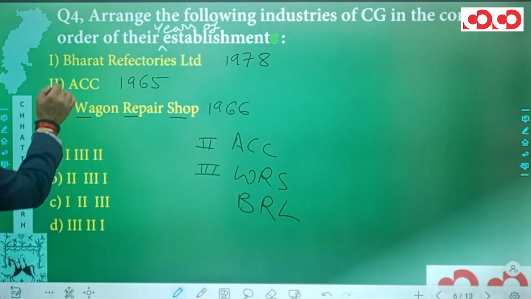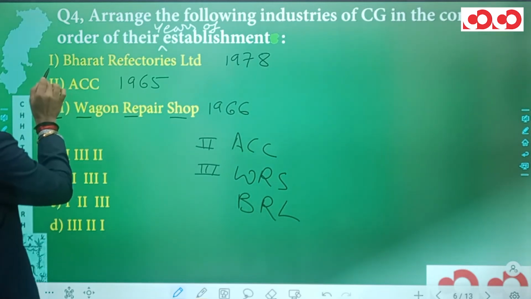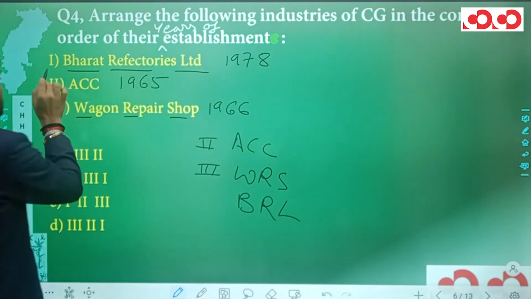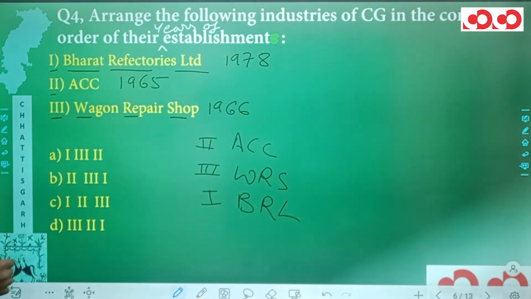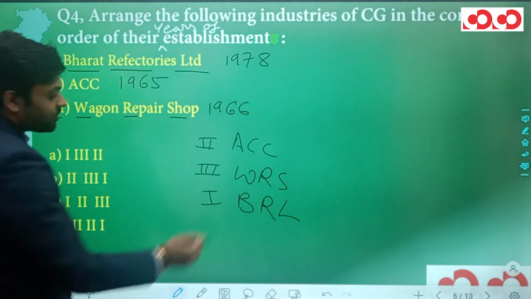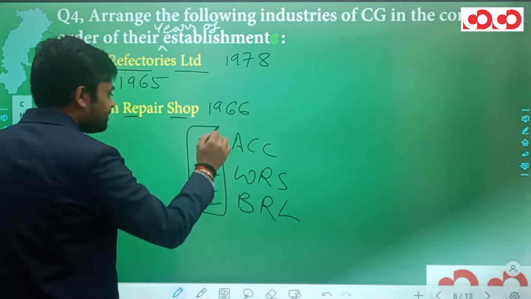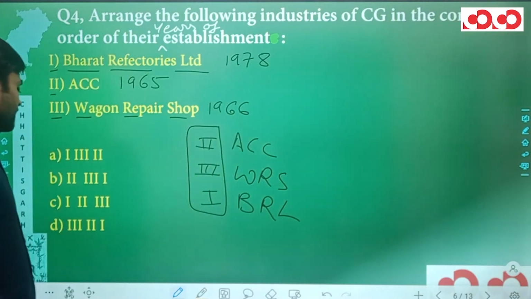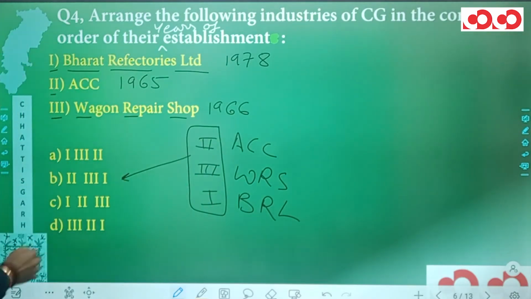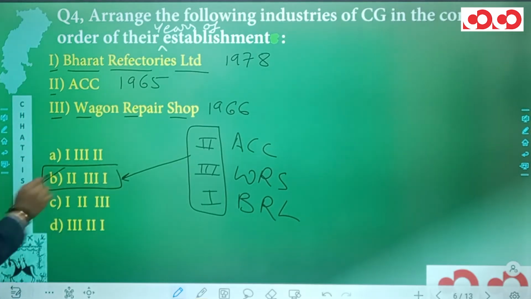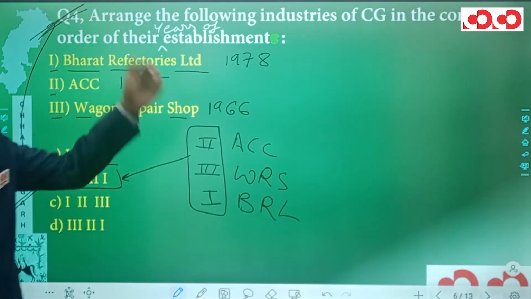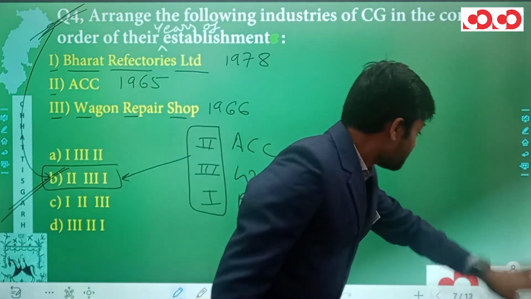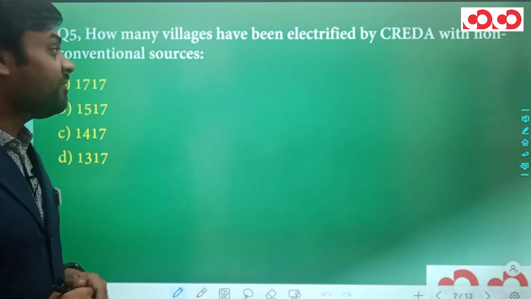And in the same manner, Bharat Refractories Limited is mentioned in 1, so I can write 1 in front of it. Now, what is the correct sequence? The correct sequence is 2, 3, 1. Looking at the options, in option B we have this correct sequence 2, 3, 1, and hence option B is going to be the correct option for our fourth question. So this was all about the fourth question, and let's now move to our fifth question.